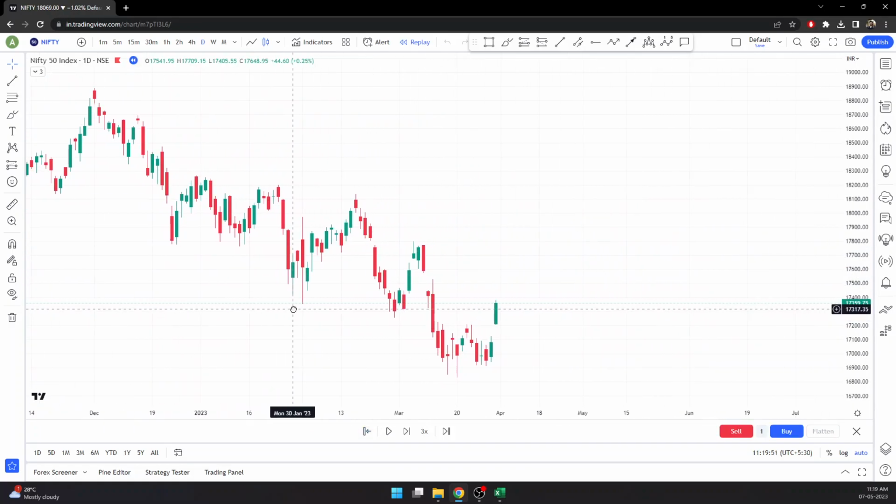So let's assume that we are currently at this stage, and we want to take some intraday or the correct opportunistic trade, which could be beneficial for us. So let's see how our strategy works here.